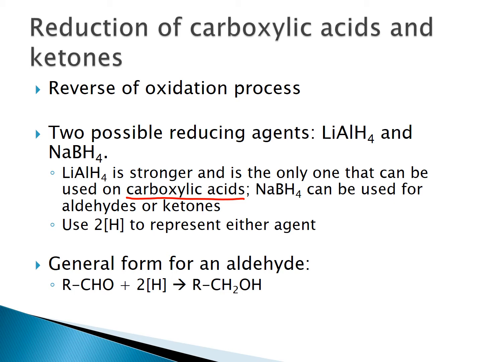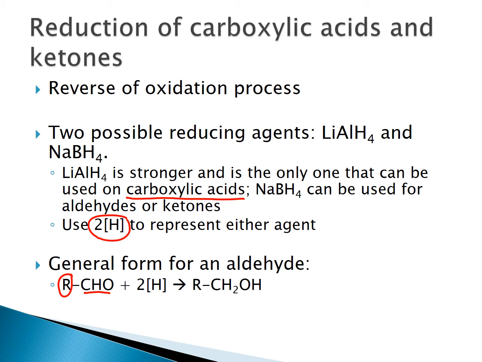Now, when we represent either agent in the overall equation, we're going to write it like this: two hydrogen atoms, and we're putting the hydrogen in brackets. So for an aldehyde, the general form of the equation would look like this: R meaning a carbon chain, CHO, that's the aldehyde, the carbonyl group at the end of the carbon chain, plus 2[H], and that gives me the primary alcohol.